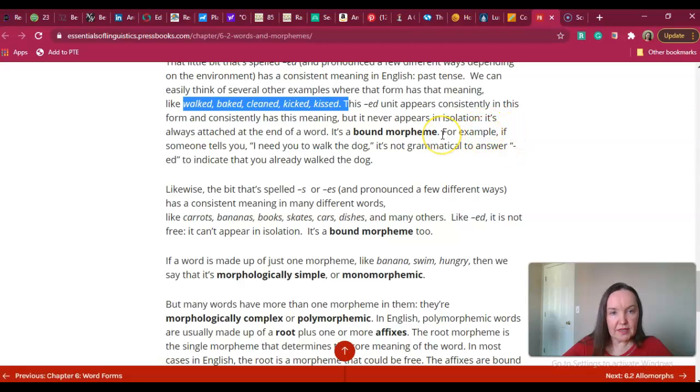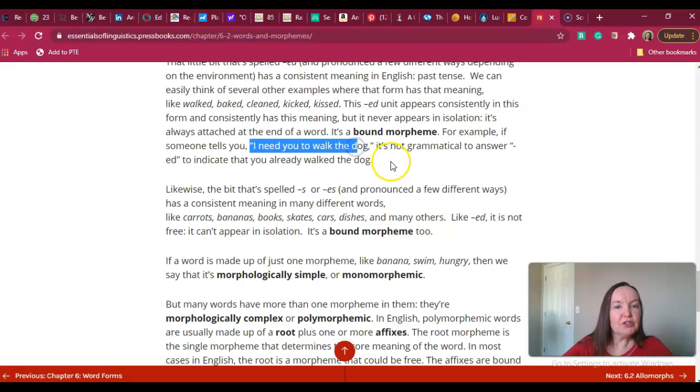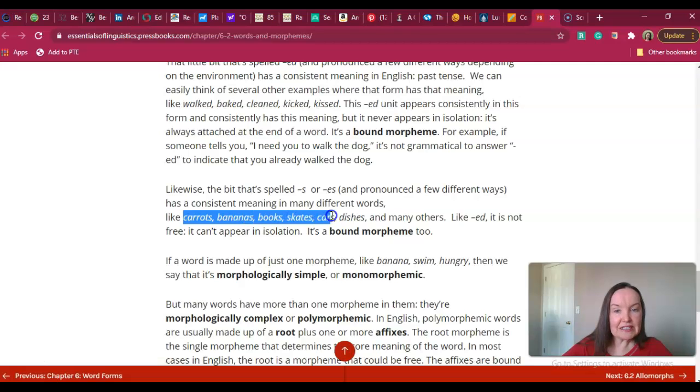So if someone tells you, I need you to walk the dog, you can't just answer ed to indicate that you already walked the dog. You have to have walk and ed together to express that meaning. The same thing with the S or ES morpheme, a bound morpheme. It can be attached to many words: carrots, bananas, books, skates, cars, dishes, many others. You can't have it in isolation. It's also a bound morpheme.